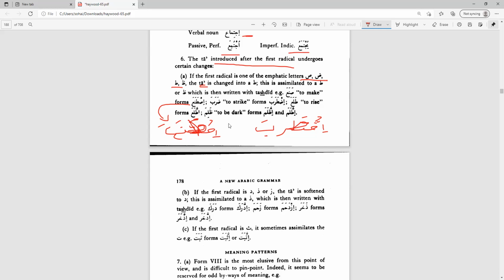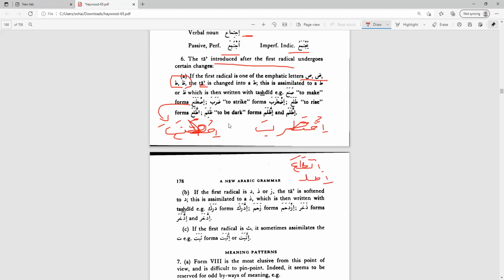Then he says that if the first radical is ta or za, then this ta will change to ta or za and it becomes shadda. Tala'a means to rise, it becomes ittala'a. Originally it was itta'la'a. So this becomes ta and becomes shadda.